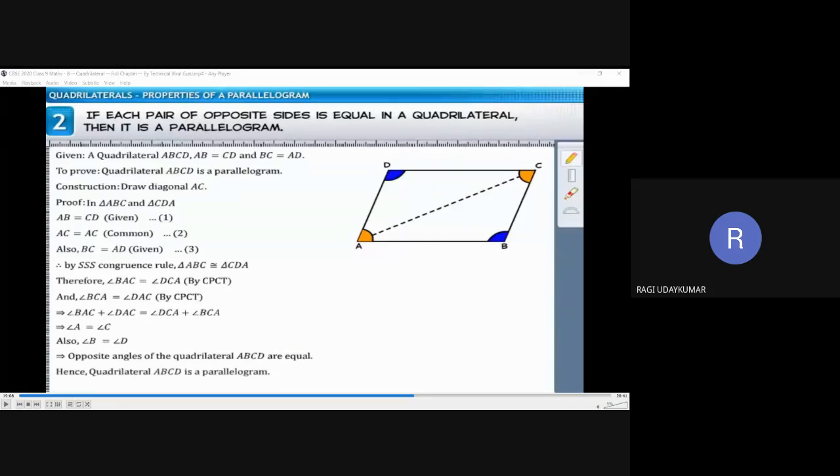If each pair of opposite sides of a quadrilateral is equal, then it is a parallelogram. Both pairs equal, so you prove it by saying it is a parallelogram. So this proof is not given completely in your textbook, because they just say why.